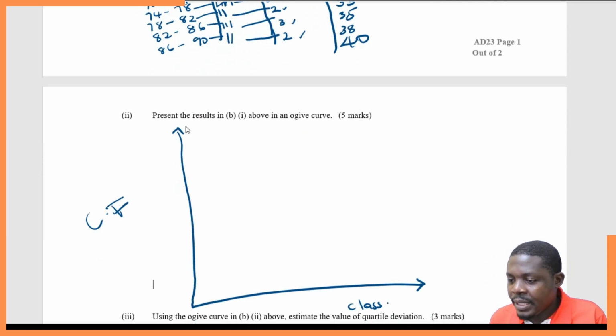Now at this point, I'm going to break this particular line in that order.